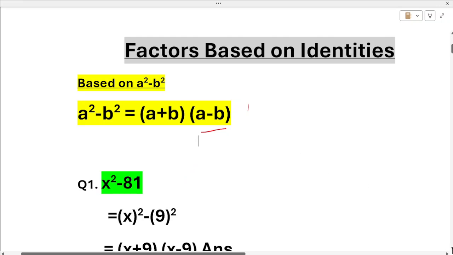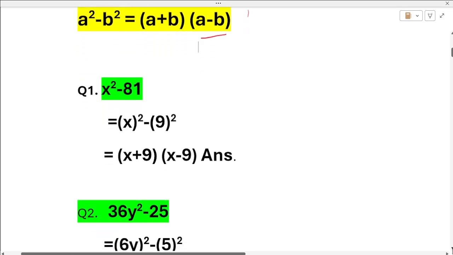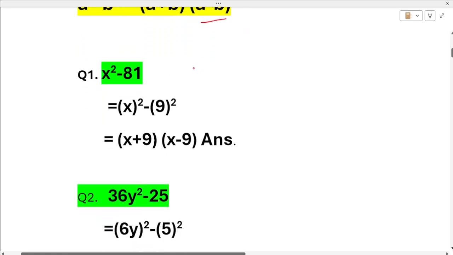As you can see on your screen, question number 1 is to factorize x square minus 81. Now we need to express both terms as squares of some term. So x square is the square of x, and 81 is the square of 9.